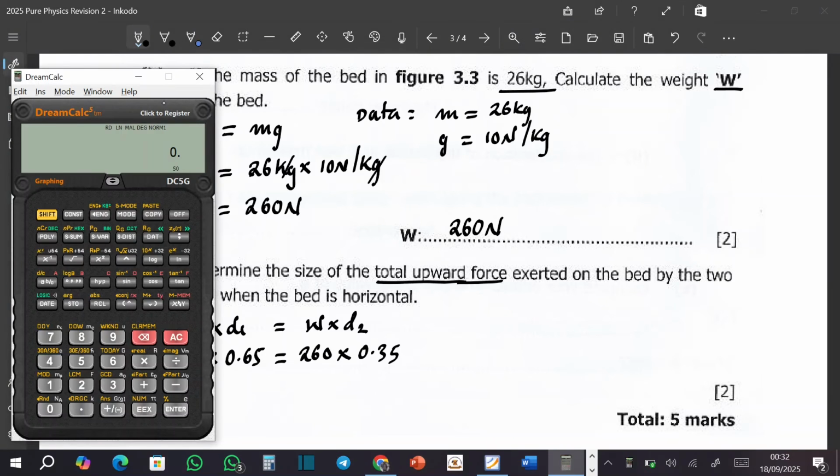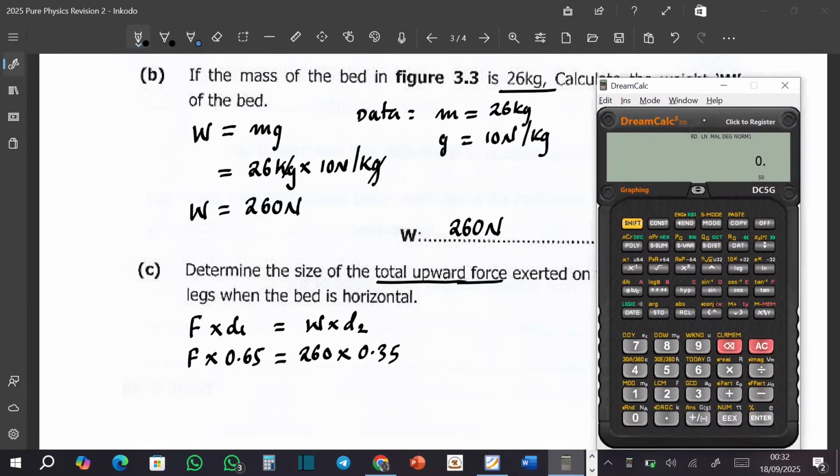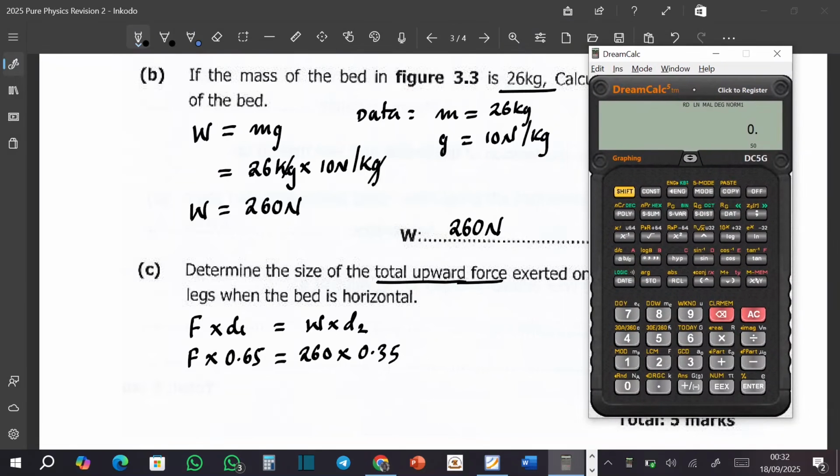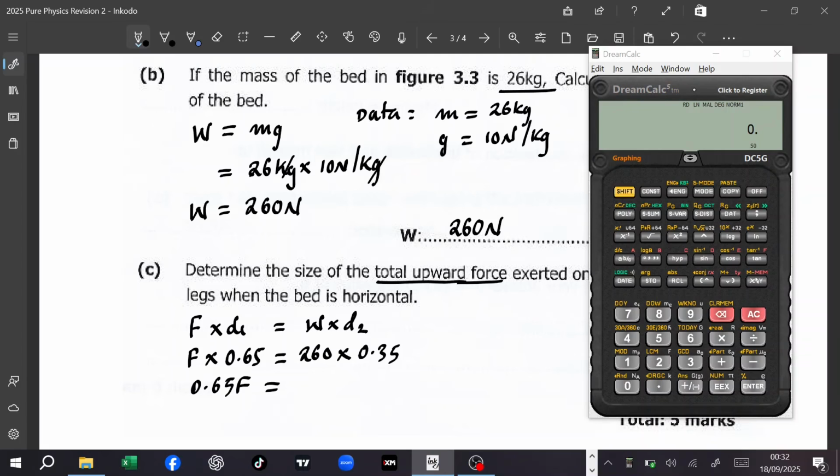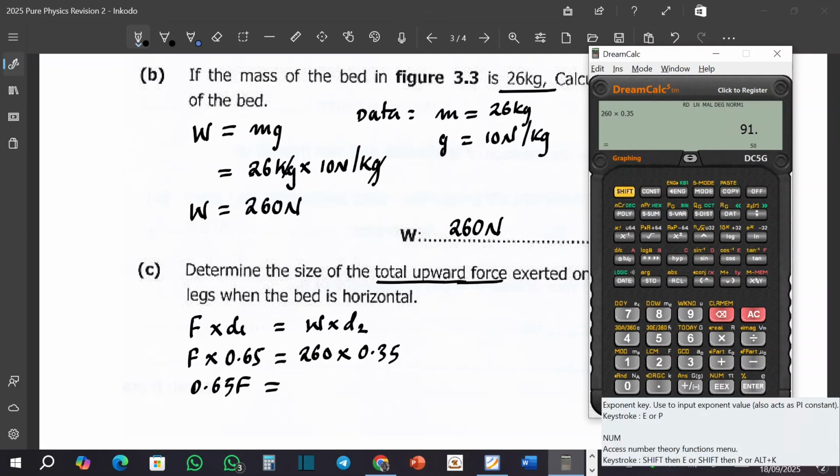We have a calculator here. We say f times 0.65, it will just be 0.65 f is equal to 260 times 0.35. It is going to be 91.